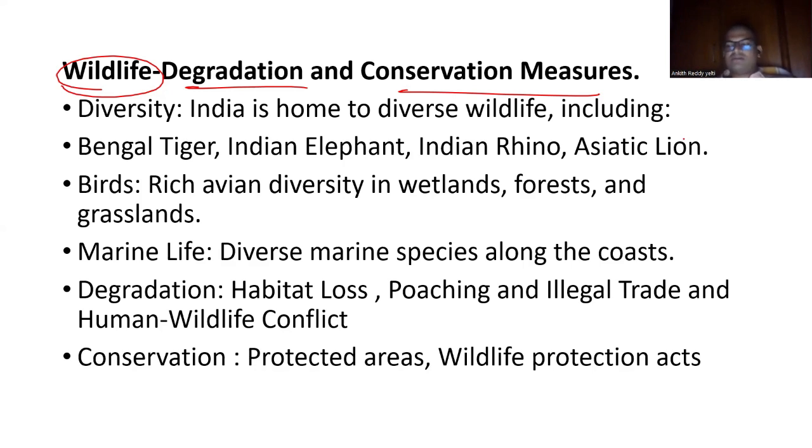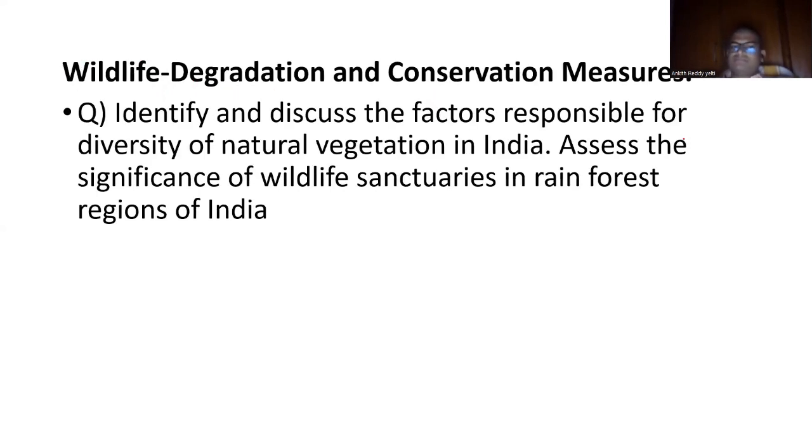So we have to take inspiration from these projects and work on conservation methods for wildlife. We have around 106 national parks, more than 500 wildlife sanctuaries, and 54 plus tiger reserves. All these are protected areas to protect the wildlife and vegetation in that region. And there are wildlife acts also. So we need to have a special focus on this area since it is important for geography and environment.